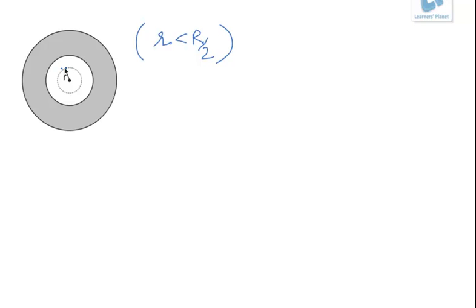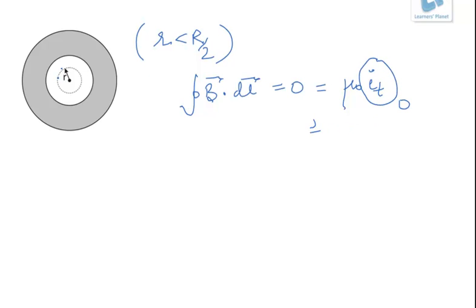At this point, the line integral of B dot dl will be 0, because μ₀ I_t is 0, as there is no current threading through this imaginary loop. Therefore the value of this is 0, which in turn means that the magnitude B is also 0.